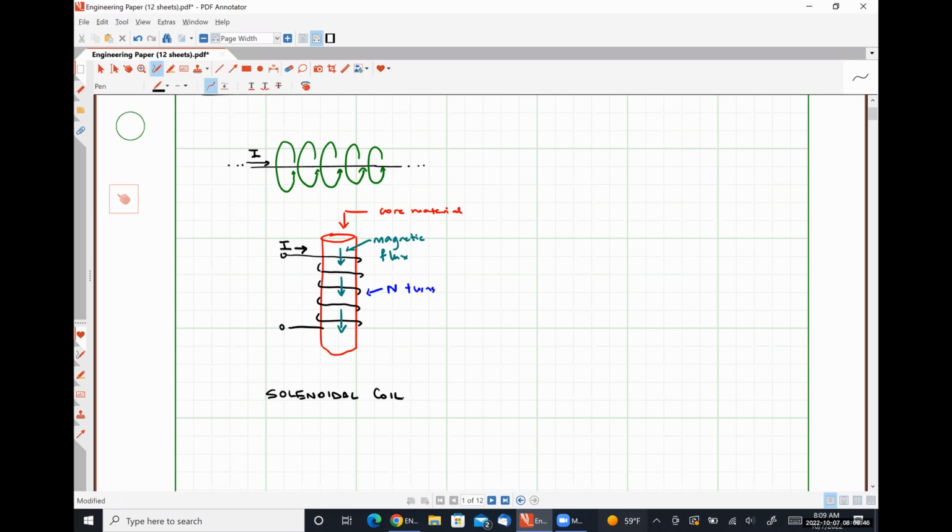The second most common inductor configuration is the toroidal coil, where toroid is just a fancy word for donut shape, effectively.